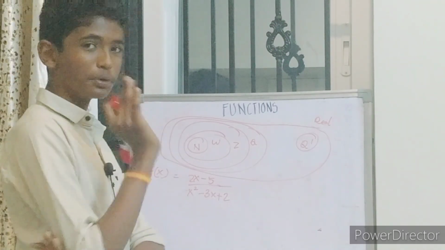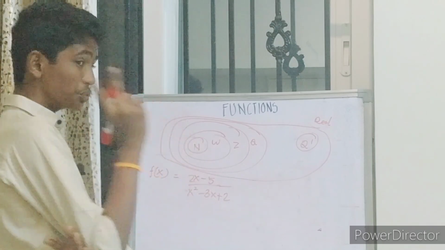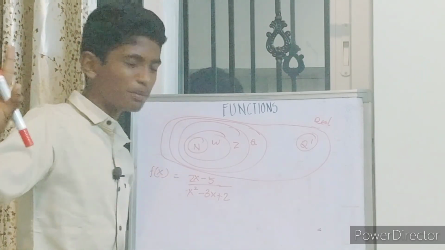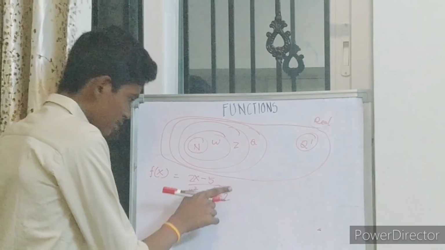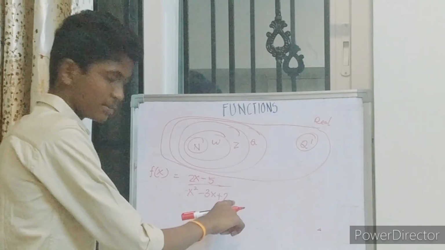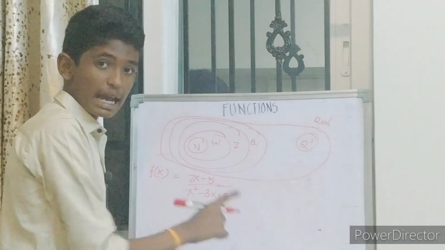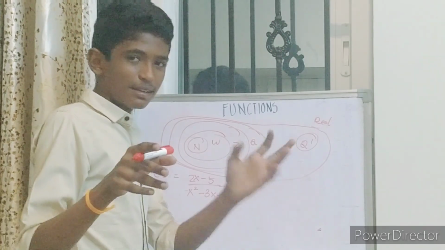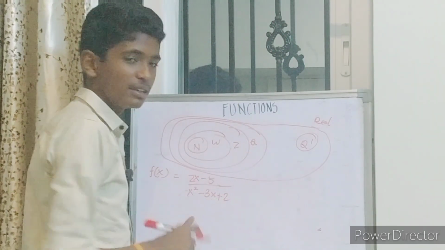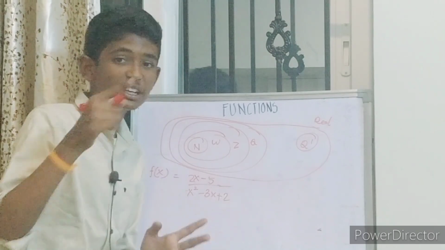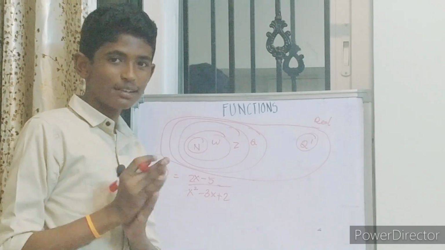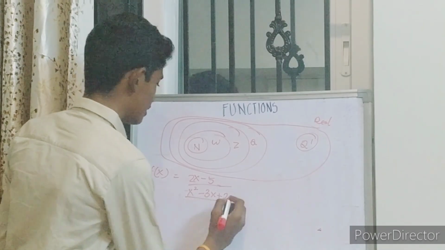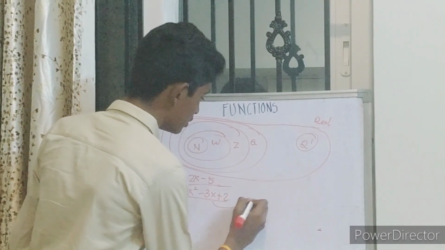You are not supposed to put two values. What are they? How to find the restricted domain? It's very simple. You have a fraction, and the denominator should not be 0. Why? Because if you have 0 in the denominator, you will have a not defined or infinity as answer. So you should take this and equate it to 0.